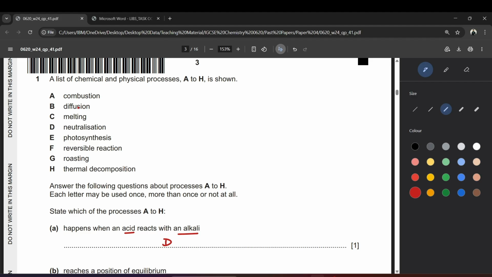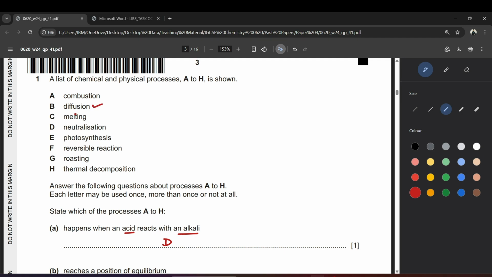Then we have diffusion. Okay, now what happens in diffusion? Diffusion is the mixing and spreading of particles, right? That is what diffusion is. We're not getting any new product during this process. So therefore diffusion is going to be one of the answers. Okay, what about melting?